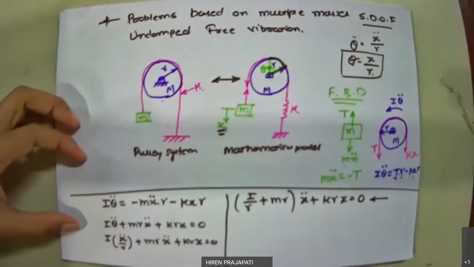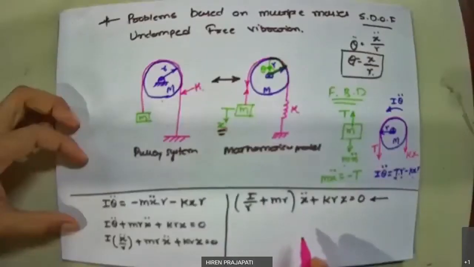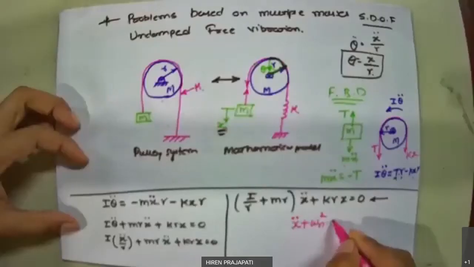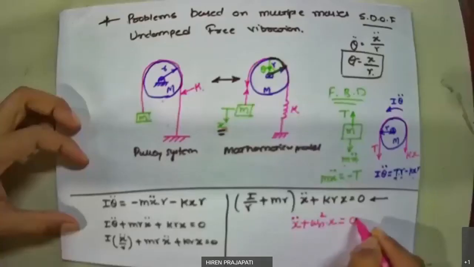What would be our next step? What is our simple harmonic motion equation? Can you repeat? The equation of simple harmonic motion is? Yes, sir. x double dot plus omega n square into x is equal to 0.